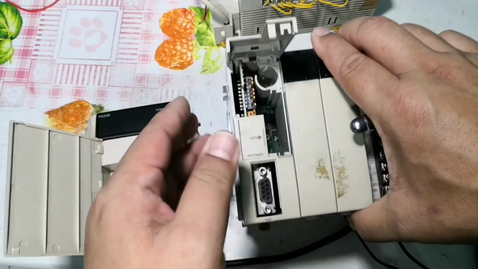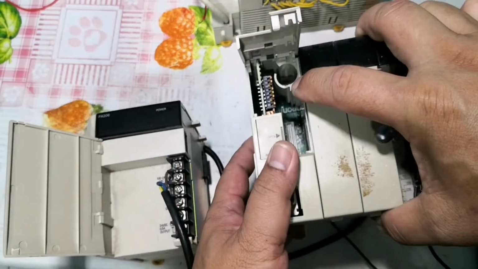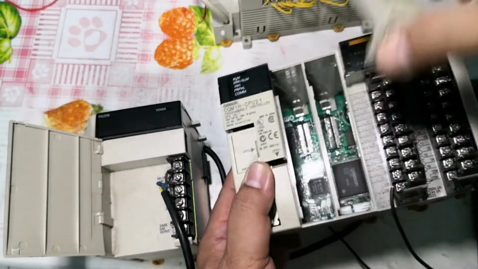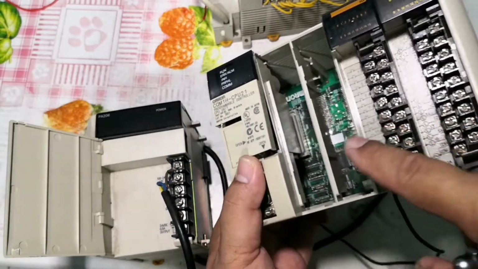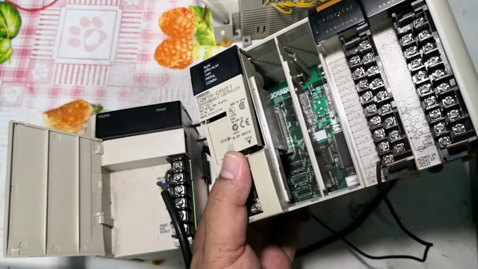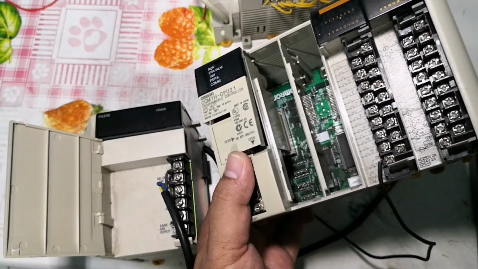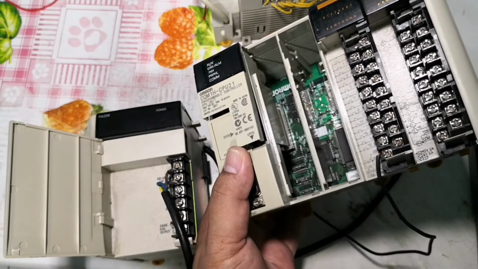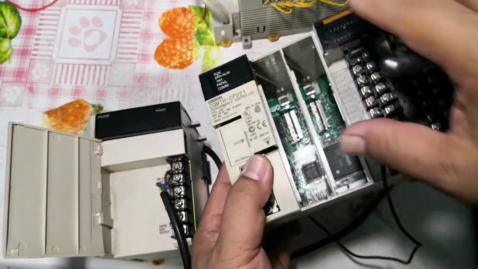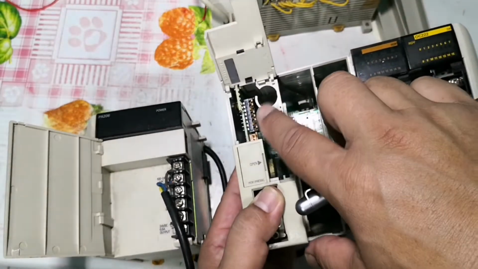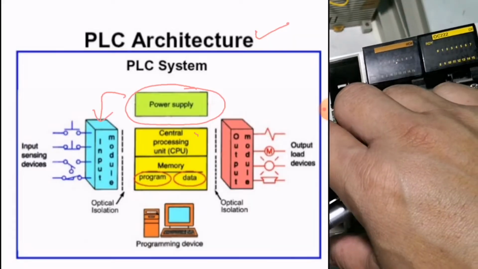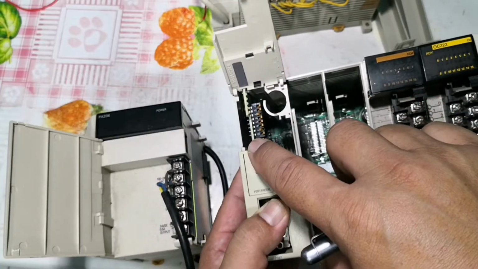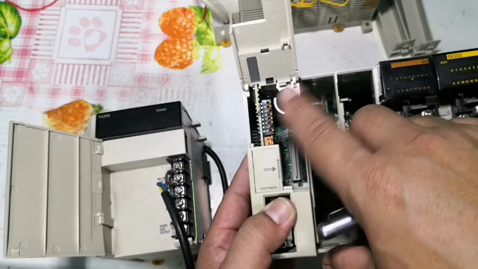I can open up, and you can look inside. Okay, take off this. This is the central processing unit and the memory. It's right here. This is the switch, and there is supposed to be a battery here to keep the memory.